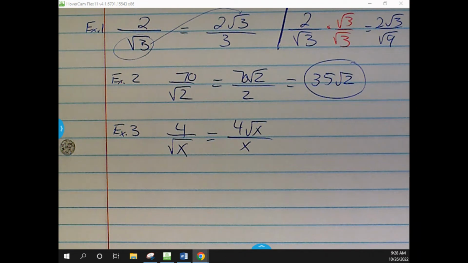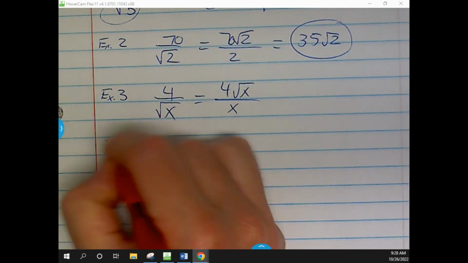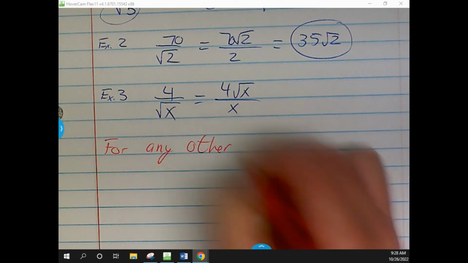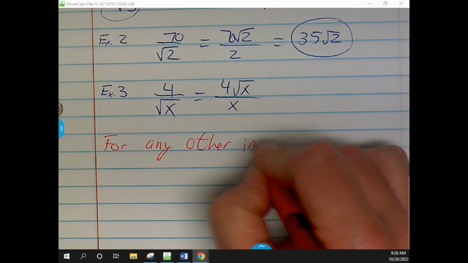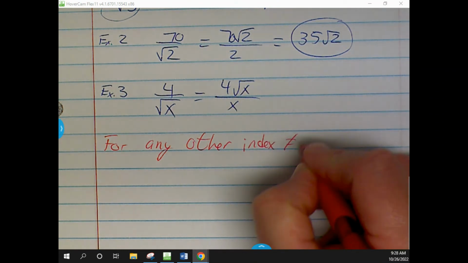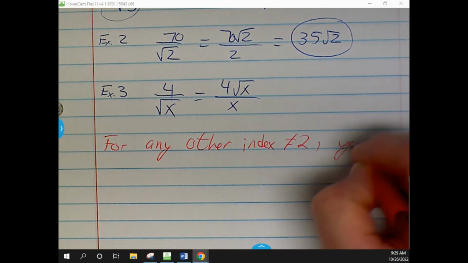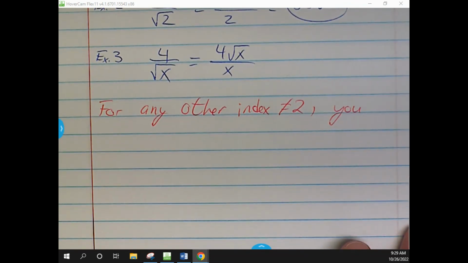Okay, now here's the part that we didn't do, and here's where it's going to change just a little bit. For any other index that does not equal 2, and the wording on this one is a little funny.